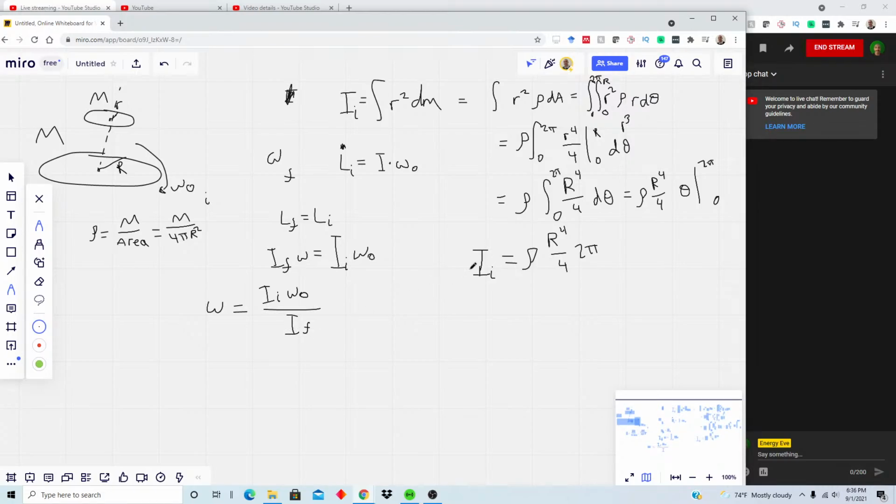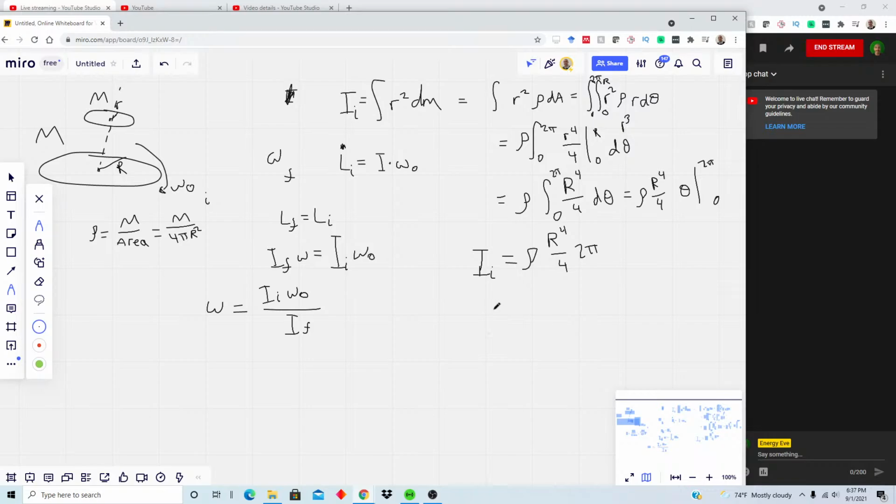We just solved for the initial moment of inertia. Now we want to solve for the moment of inertia for the second part, which is going to be this first initial part plus the moment of inertia for the second part.